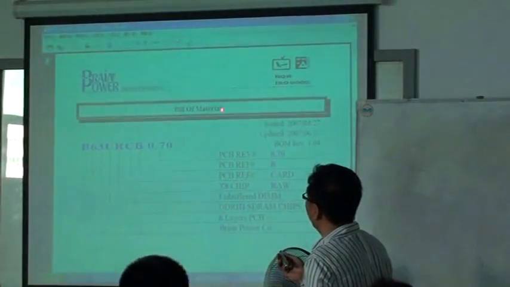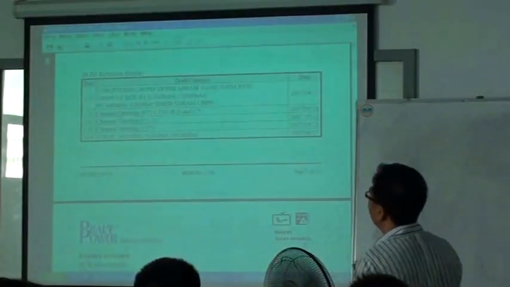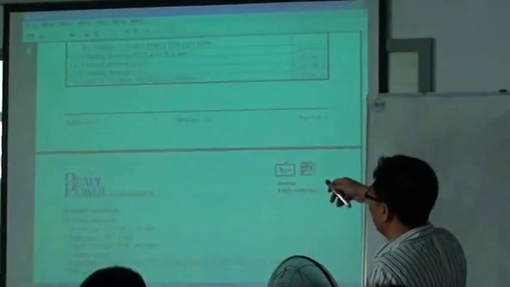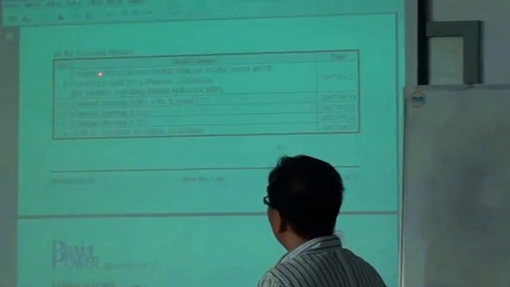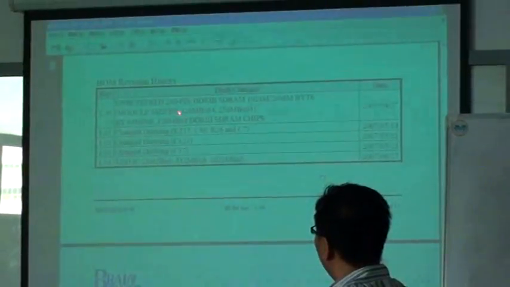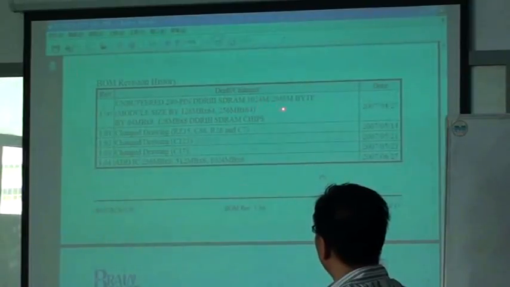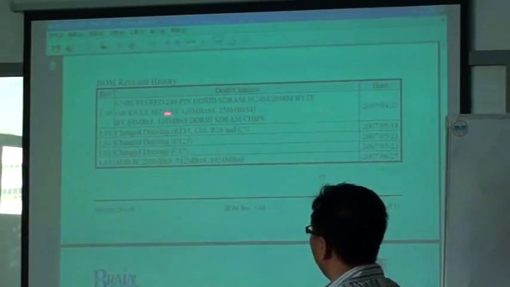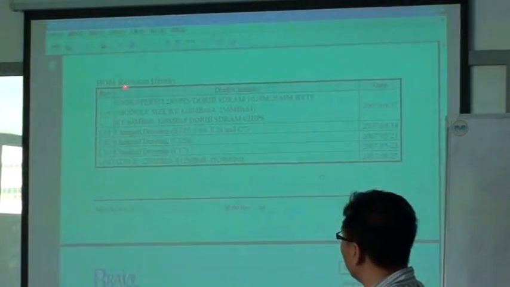It's the bill of material. Above, 240-pin DDR3 DRAM, 1000 megabyte and 2000 megabyte. Do you understand this?